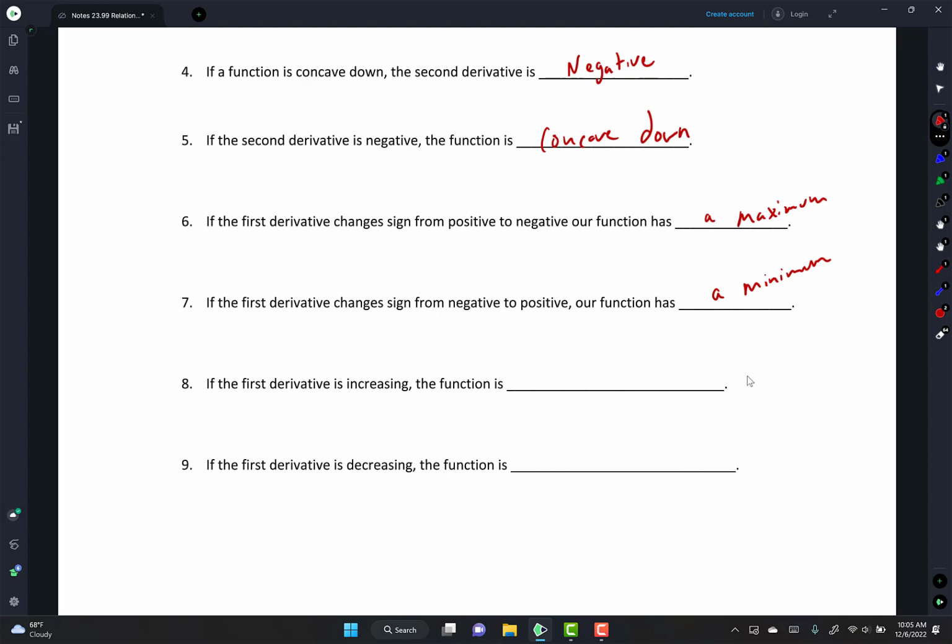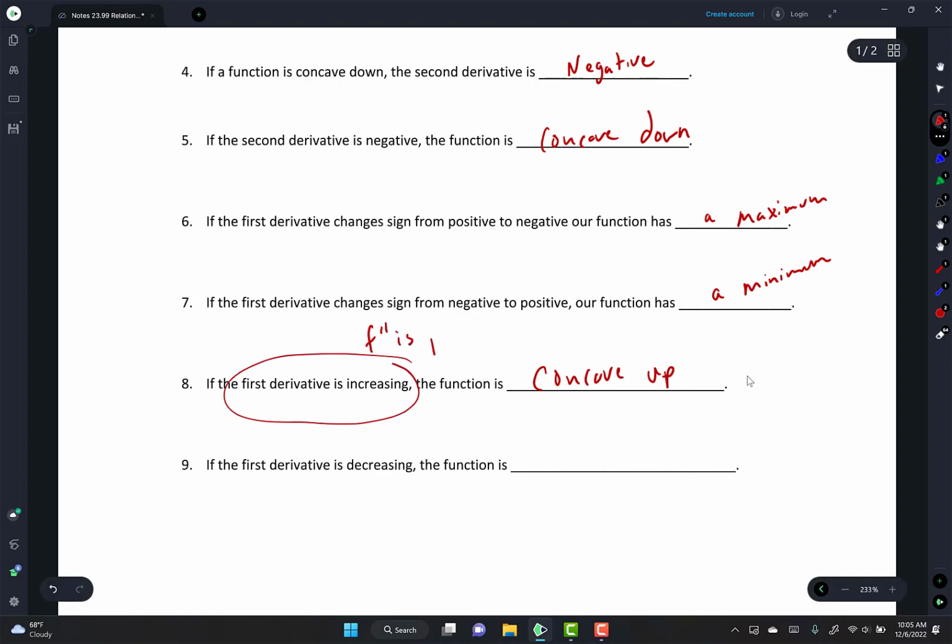If the first derivative is increasing, the function is concave up. First derivative increasing means f prime prime is positive. So maybe you might want to circle that and put f prime prime is positive.